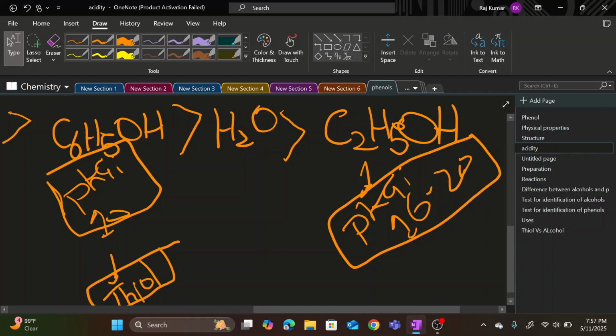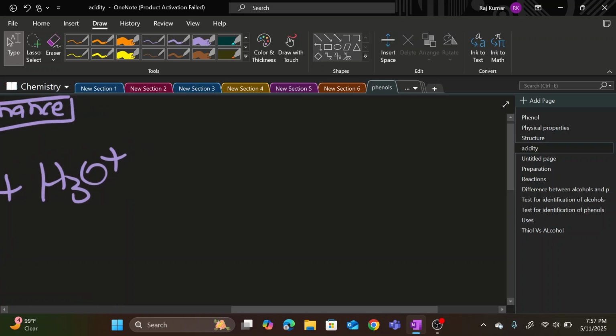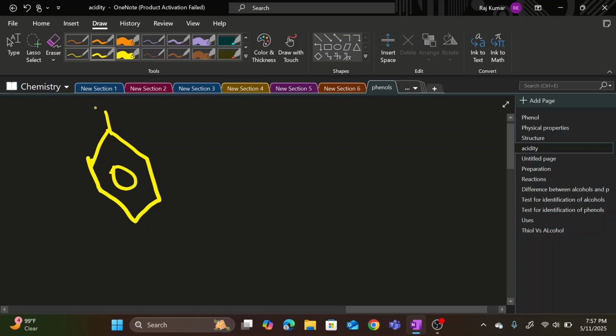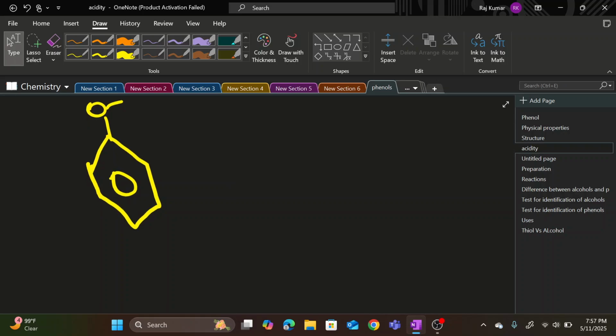And because of the increase in their stability, when the phenols are going to be stabilized, I take a phenoxide ion. This is a phenoxide ion, right?